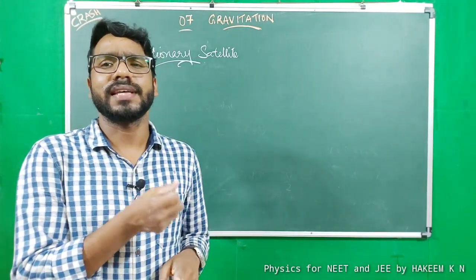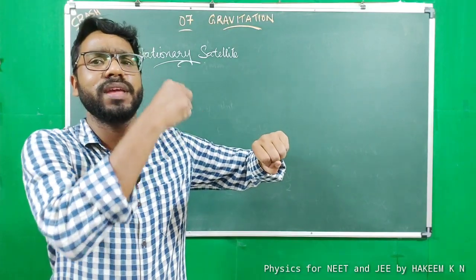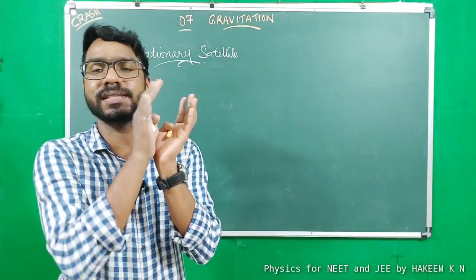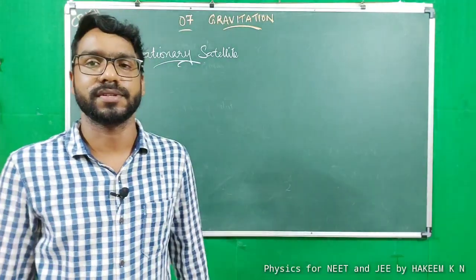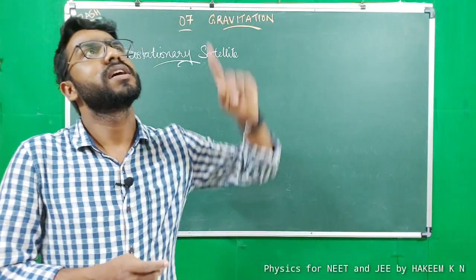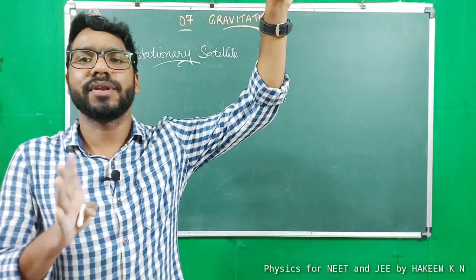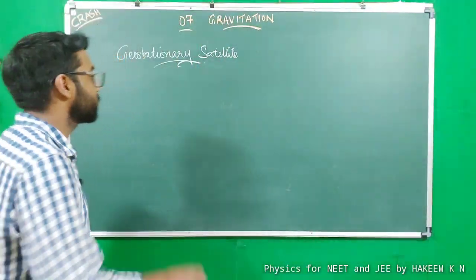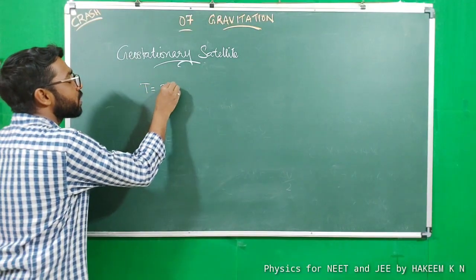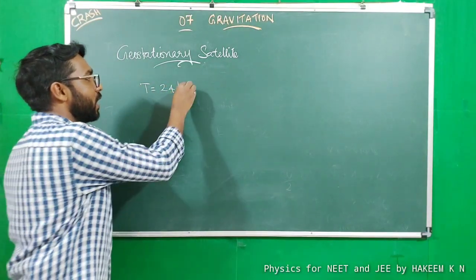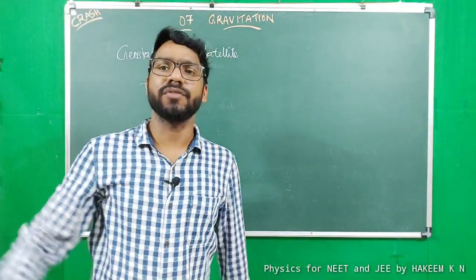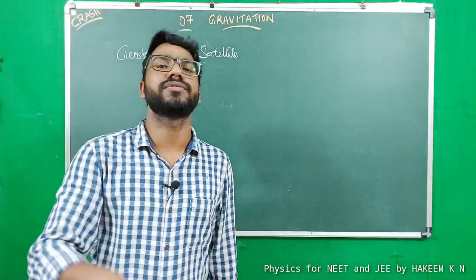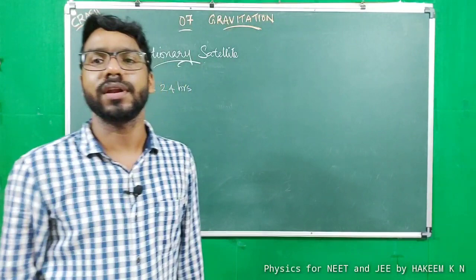Geostationary satellite seems to be at rest with respect to a place on the Earth's surface. So when a person observes a geostationary satellite from that place, he will see the satellite is at rest because its time period of rotation is 24 hours and its sense of revolution is in the sense of rotation of Earth about its own axis.